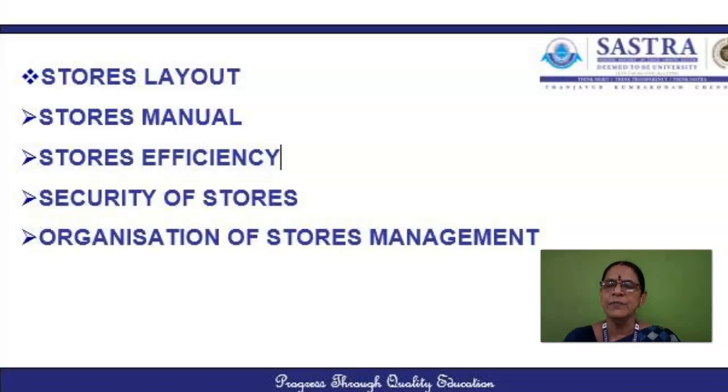They are the identification, that is the coding of the stores, and the store's vocabulary, that is the code itself, the standardization, the variety reduction, inventory control, the value analysis, salvaging operations, etc. These activities will also include the store's forward indents to purchase departments based on inventory levels determined in accordance with the usage and delivery lead times.